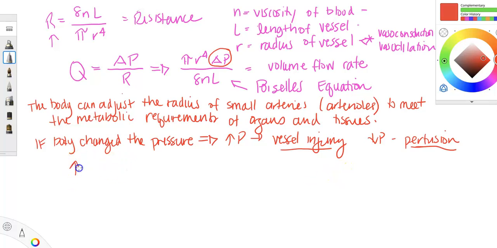So if we increase the radius, resistance is decreased. And when this happens, volume flow rate goes up.